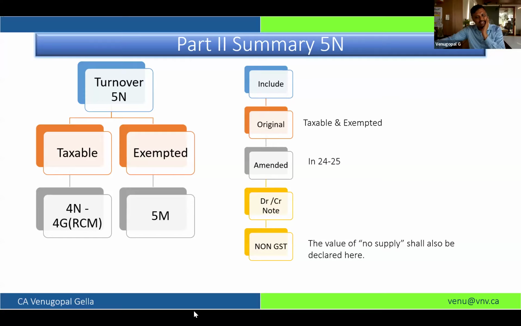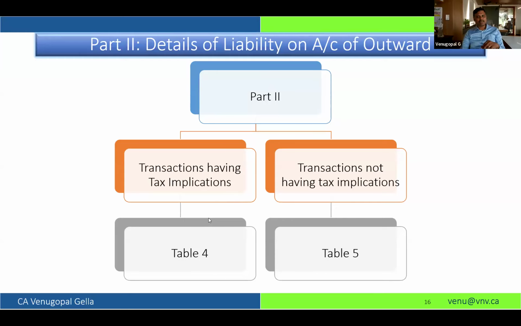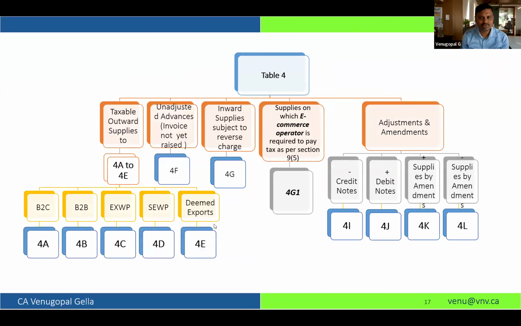So if you look at table 4, it is the transactions on which tax is payable. Let me actually show it so that you will understand why I am saying that. If you see table 4, transactions on which tax is applicable. However, the supplies, this is inward supplies, this is what the e-commerce operator is required to pay.